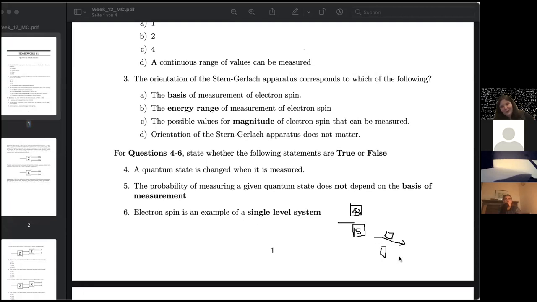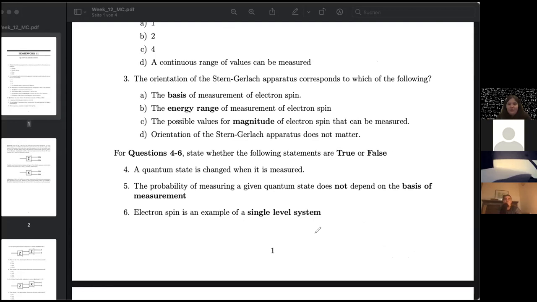Here now you're on the x-axis, and there you are in the plus or minus basis. So the right answer is A. The orientation, how we put the apparatus, shows us the basis, so we are measuring in different bases.